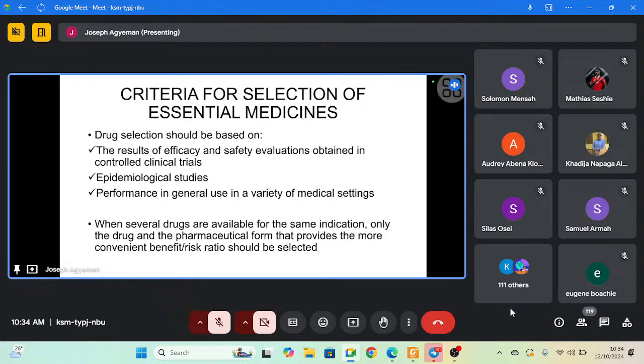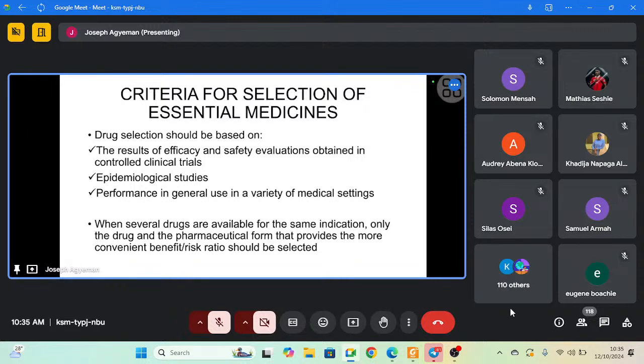Now, when you have several drugs to choose from, especially for the same indication, choose only the drug and the dosage form that provides the more convenient benefit-risk ratio to be part of the list. So you have several drugs that can be used for malaria.